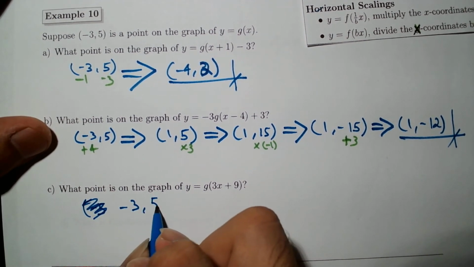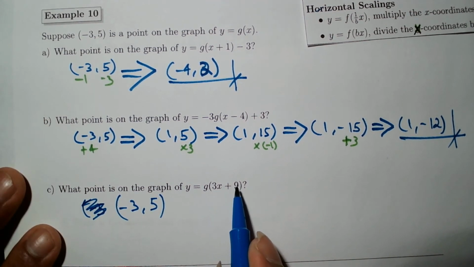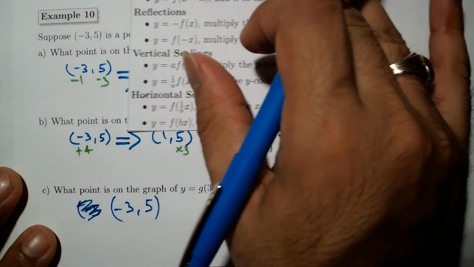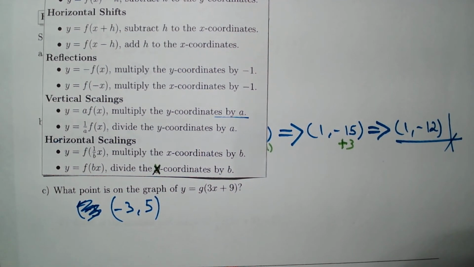-3, 5. So in this case, we're going to have some 3x plus 9. We haven't done something like this in the previous example. So what is this 9 going to do?